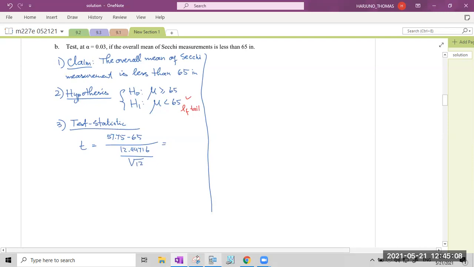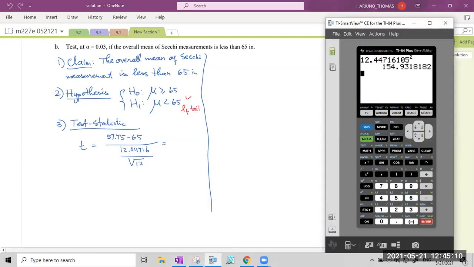Now go back to my calculator, go to stats, t-test. The mu naught is 65. X bar is 57.75. Sample standard deviation, 12.44716.